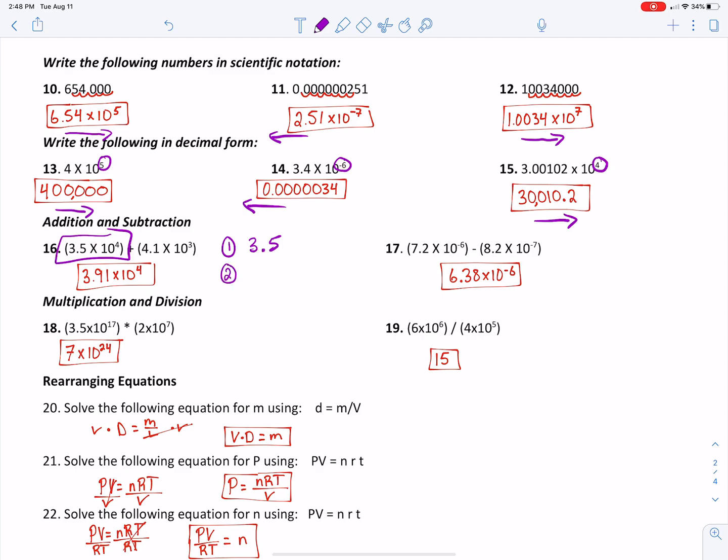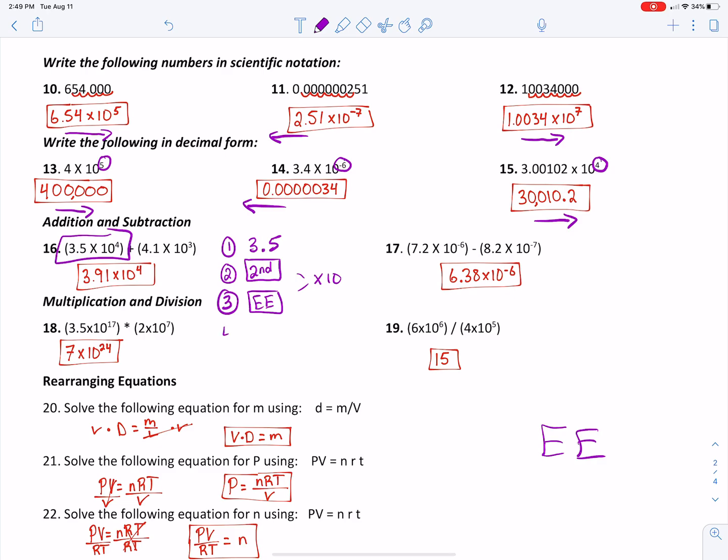Then you need to find the button that says EE. All right, mine is blue, which means I have to push the second button to get to it. So next, I'm going to push second, which is a little button on the top left, and I'm going to push EE. Those two numbers, when I do that, that means times 10.